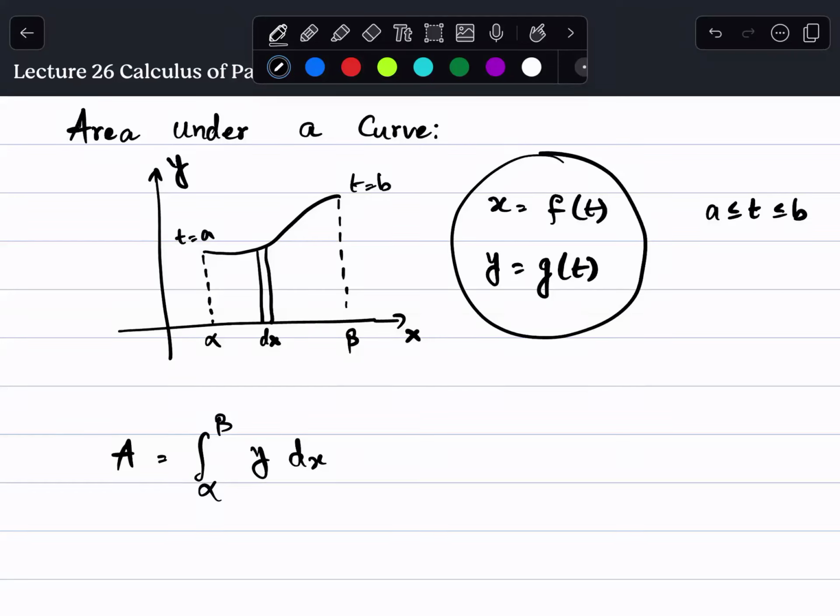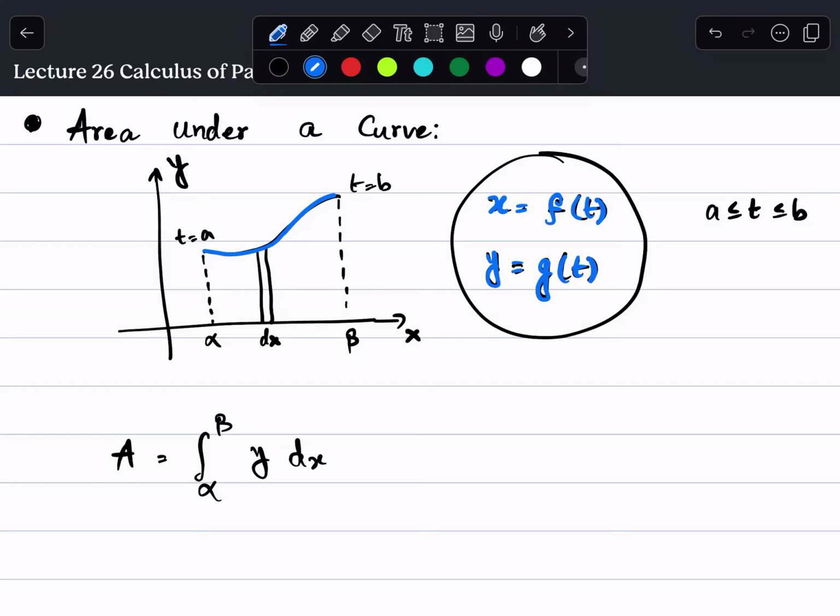Okay, so the first topic is area under a curve. The setting is pretty similar. We have a curve given with this parametric equation, x equals f(t) and y equals g(t). This parametric equation is given by this blue curve.